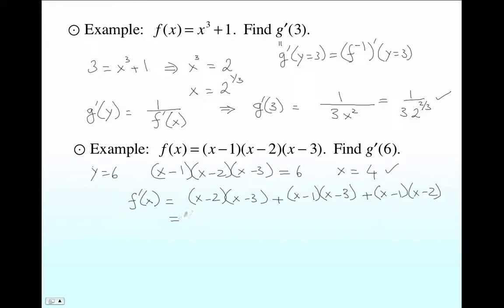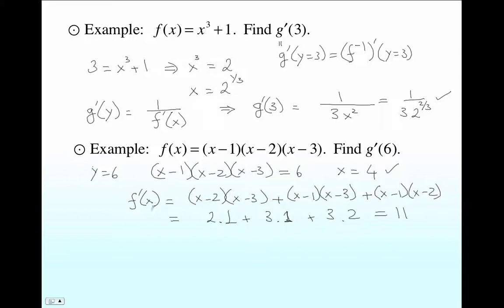And let's now put x equal to 4. So we have 2 into 1 plus 3 into 1. And here we have 3 into 2. So 2 plus 3, 5, plus 6, 11.